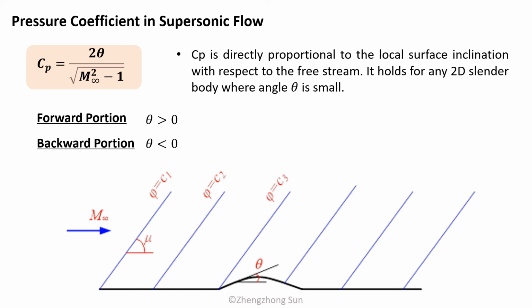You can see clearly the sign of the deflection angles. On the forward surface, the Cp is positive, and on the rear surface, the Cp is negative because of the sign of theta. Then we know the pressure over the forward surface is larger than the free stream, and the pressure on the rear surface is smaller than the pressure in the free stream.